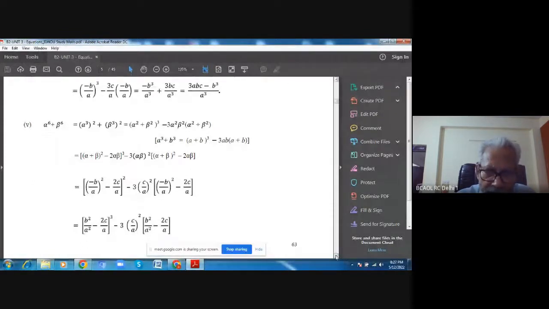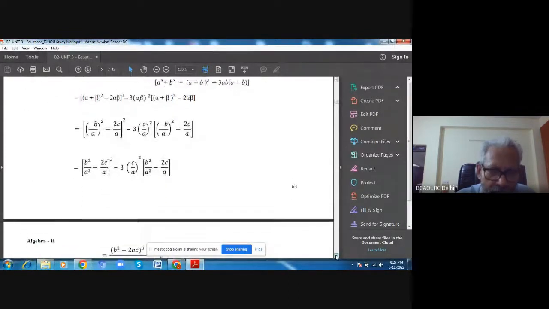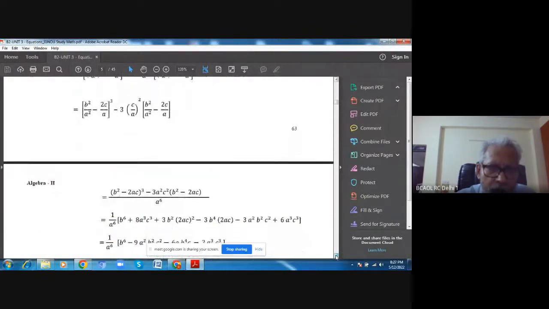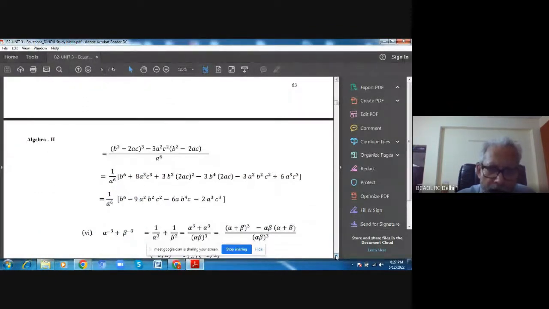Then finally, this is the answer. So it is simply algebra. Nothing else. Only the formula is there, and you have to calculate it. And when it is needed, you have to put the value.